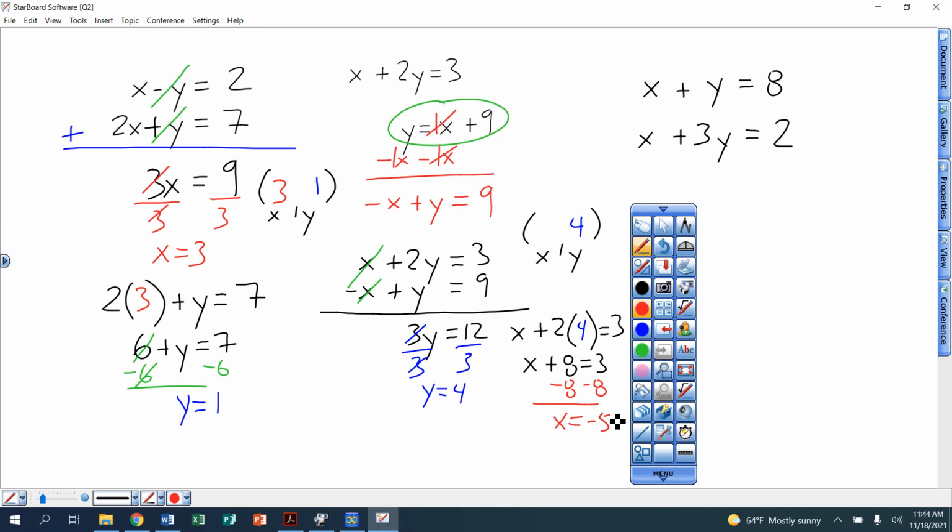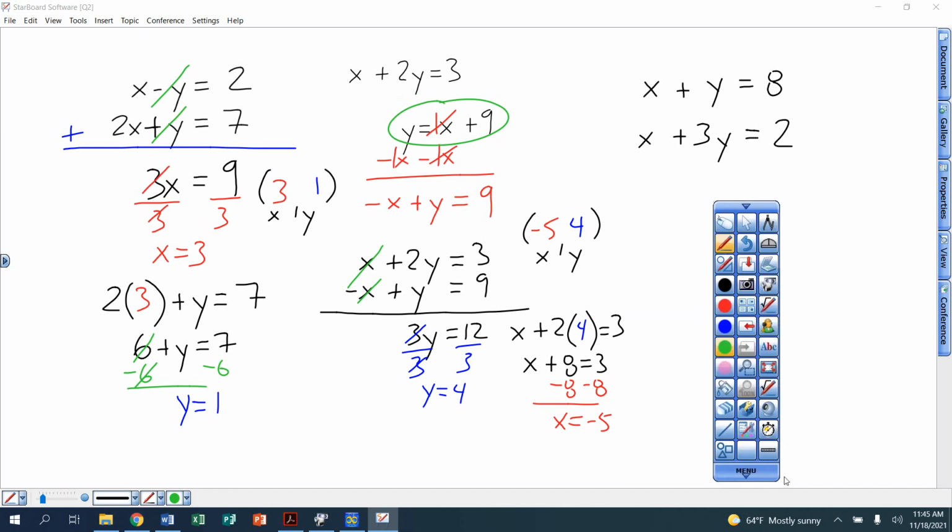And again, remember, these are solutions. If I plugged in negative 5 here and I plugged in 4 here. Negative 5 plus 8 is 3. That one will work. If I was to plug in 4 here and negative 5 here, that will give me 4 equals 4. That one will work also. All right, so that coordinate for the last one.